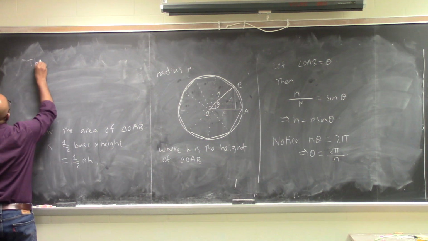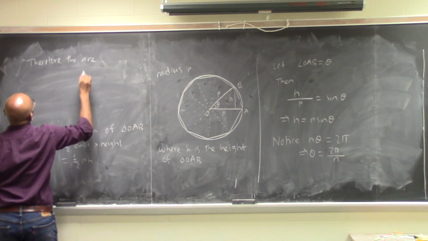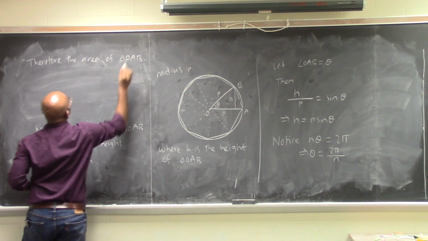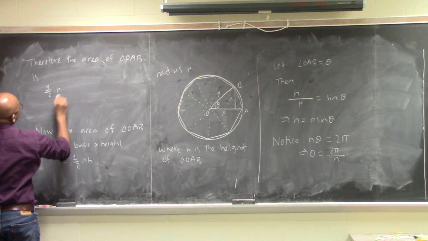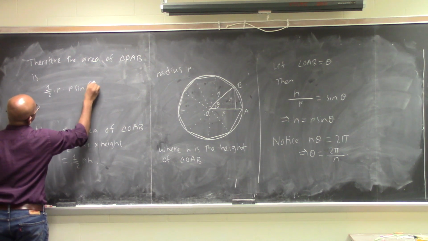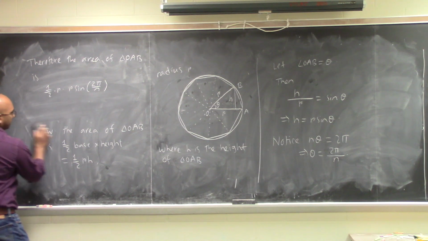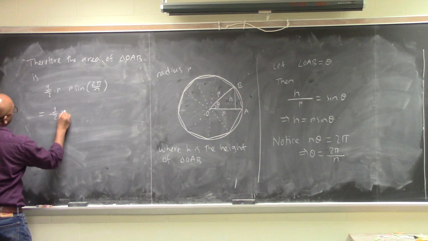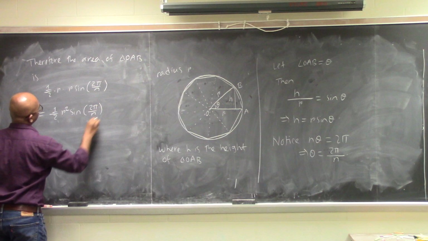Therefore the area of this triangle OAB is 1/2 times r times h, where h is r sine theta and theta is 2 pi over n, which means this area is 1/2 r squared sine 2 pi over n.